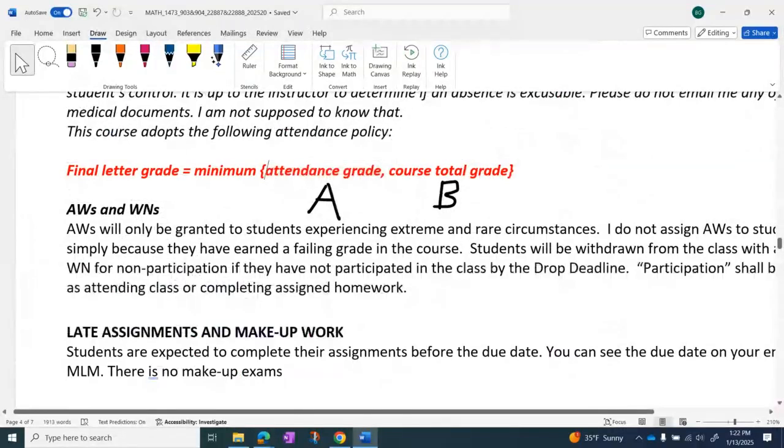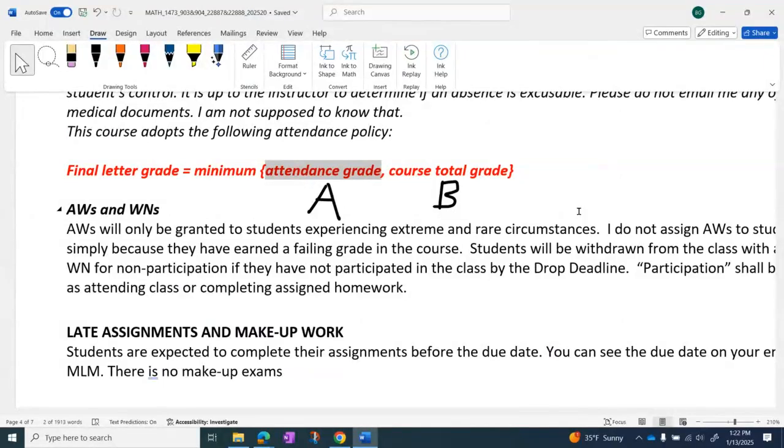Based on my experience, for regular students, the attendance score and the course total should be very consistent, and the attendance score should always be higher than the course total, because the course total has a lot of things to do: homework, assignments, quizzes, tests, but attendance just depends on if you are here, right? It's a lot easier to do.